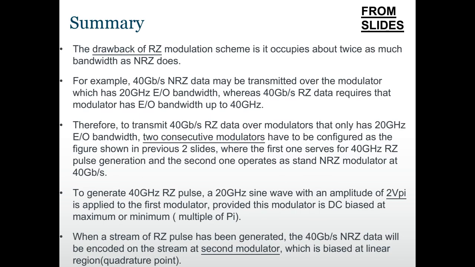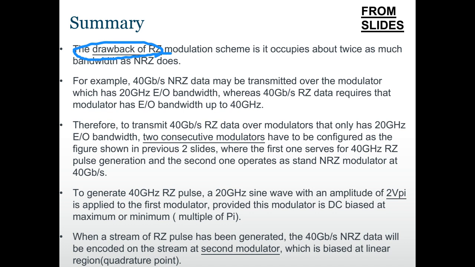Okay, so a summary on the previous figures. I highlighted the key points that I expected from your answer. So first of all, the drawback of RZ is that we reduce the pulse duration to half. So this doubles the required bandwidth.